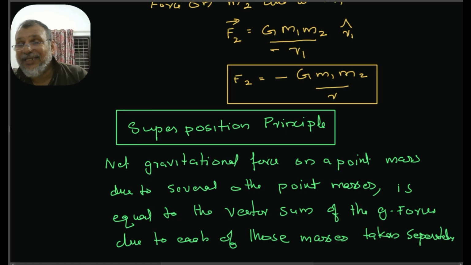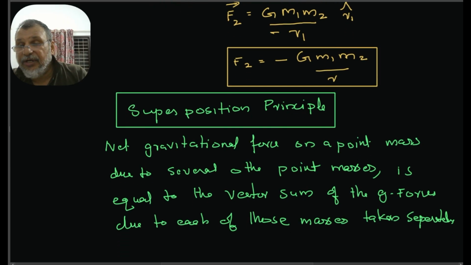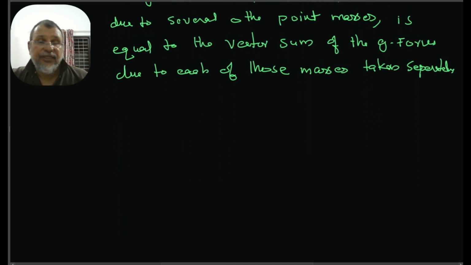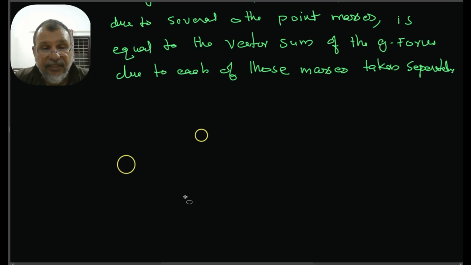So let's see what exactly it is. Though it sounds pretty complicated, it is a very simple idea. Take a look at here. Suppose you have several masses. I'm just going to draw several masses in here. Okay, here we have one. Doesn't matter, they may have different sizes.